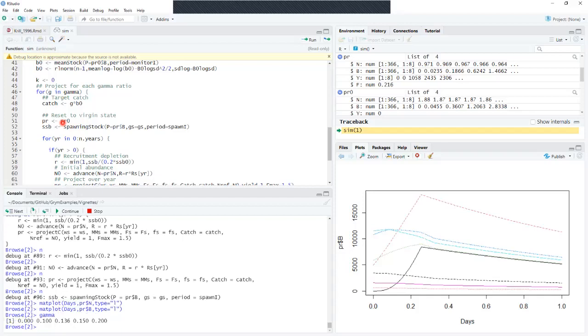Yeah, so none, 10%, 13.6, 15, 20%. If you remove that from the population, what happens in the longer term as you project ahead over 20 years, and what state do you end up in after 20 years? Okay, I think I'll leave that there.